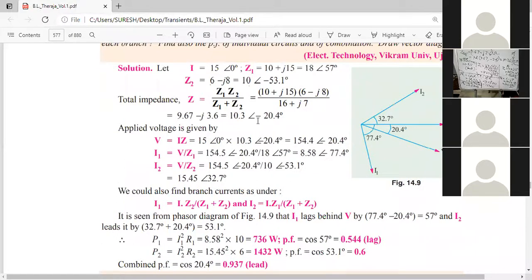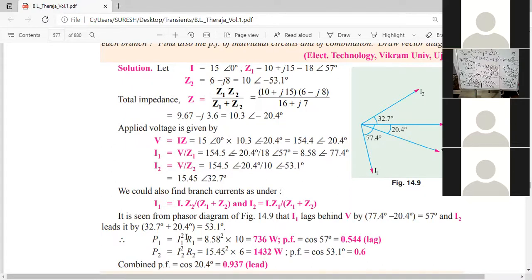Your Z equivalent is this one and the total voltage is this one. I1 is 8.53, this one. I2 is this one. You can verify the I1 and I2 values. Approximately, you are getting these values.